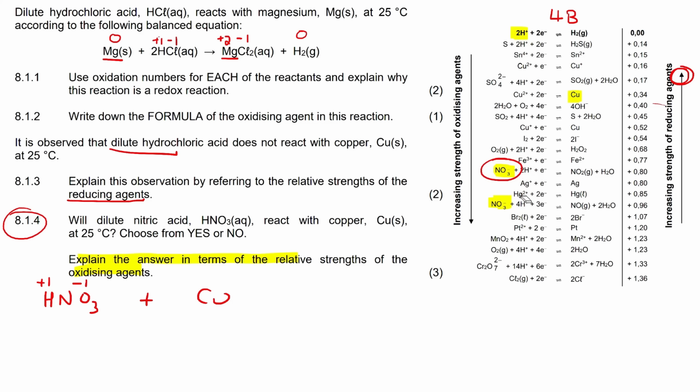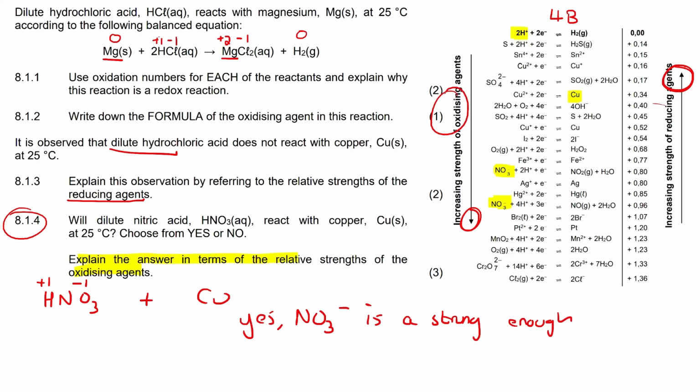Whether we choose this one or this one, can you see that the copper on the right is higher up than these on the left? So will a reaction be able to take place this time around? Yes, because now we have a situation where the thing on the left is lower down than the thing on the right. They want you to explain it in terms of oxidizing agents. So we can say yes, NO3 minus is a strong enough oxidizing agent and will be able to oxidize the copper to become Cu2+.